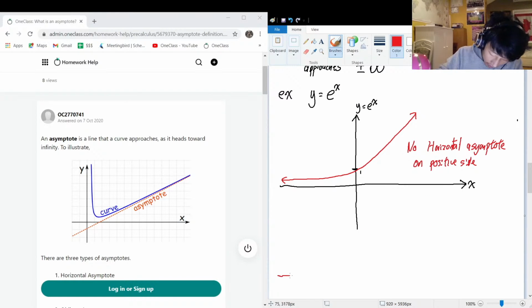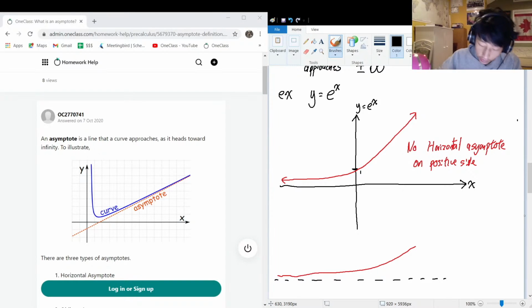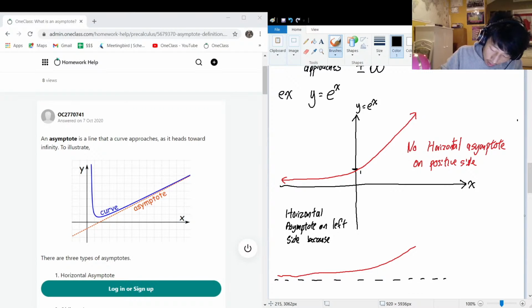So if I redraw this to be a little bit more zoomed in, it does get closer and closer. So there is a horizontal asymptote on the left side, towards the negative side, because as x approaches negative infinity, y approaches 0.